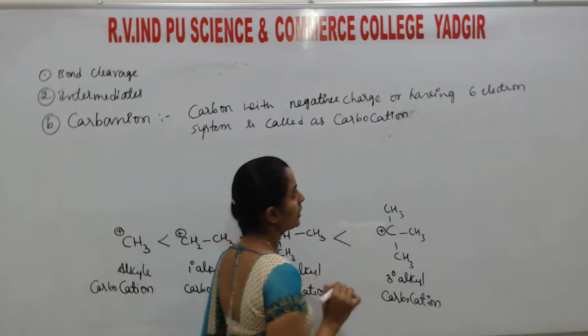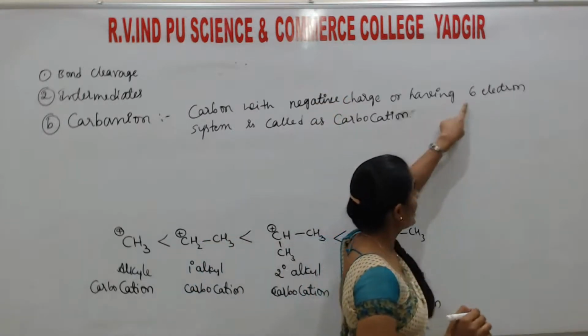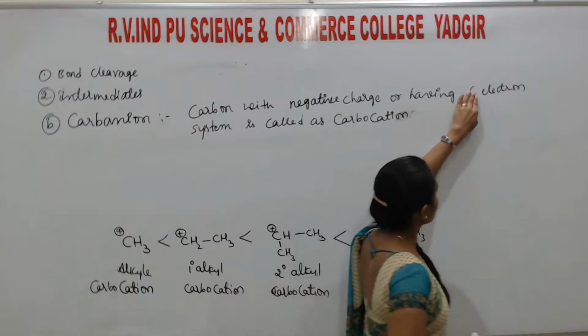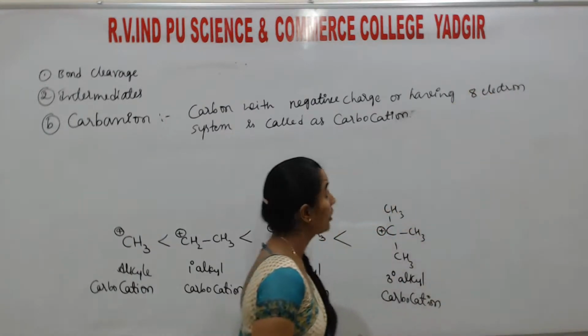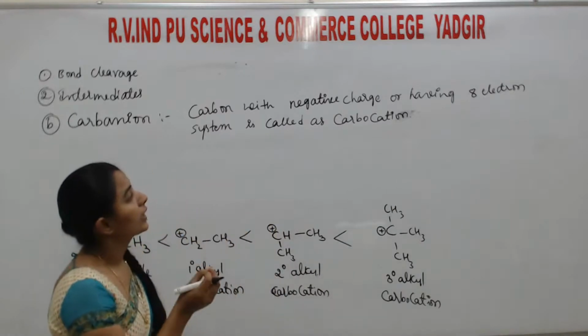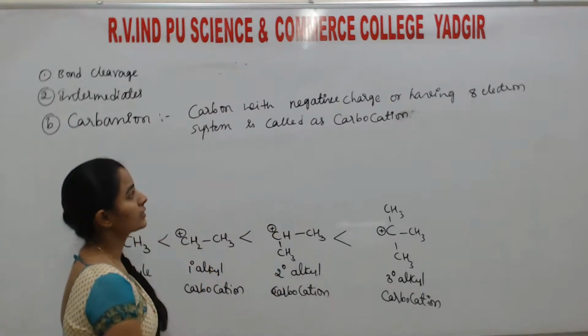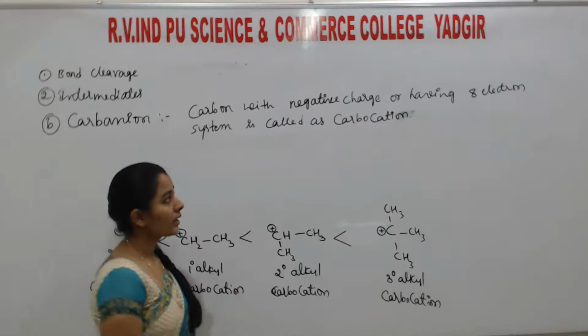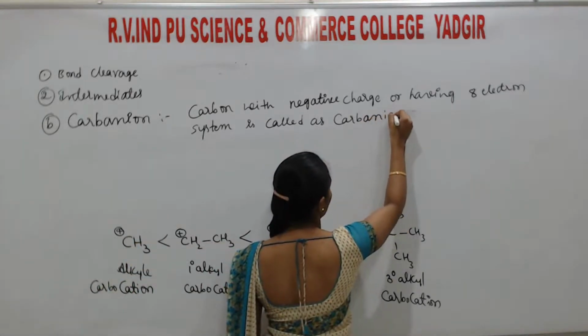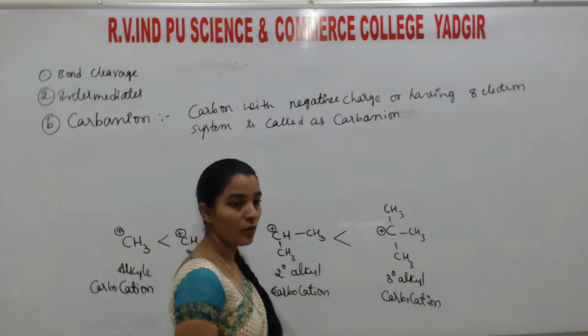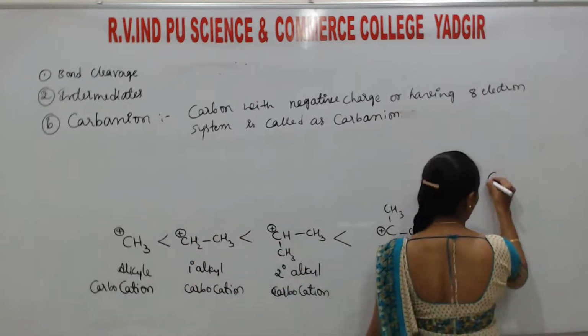The carbon with 6 electrons changes to 8 electrons. Okay, the carbon with the negative charge, having the 8 electron system, is called as carbon ion. Only this is the change. How? Listen to it. So your carbon is there.